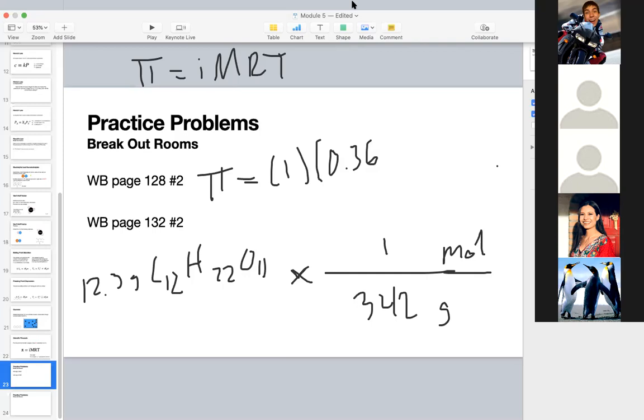You said it's 0.036? Yeah, I think. Someone can fact check. Okay, I was about to say, because I thought 0.36 seems a little bit too much. So 0.036 will be our molarity.